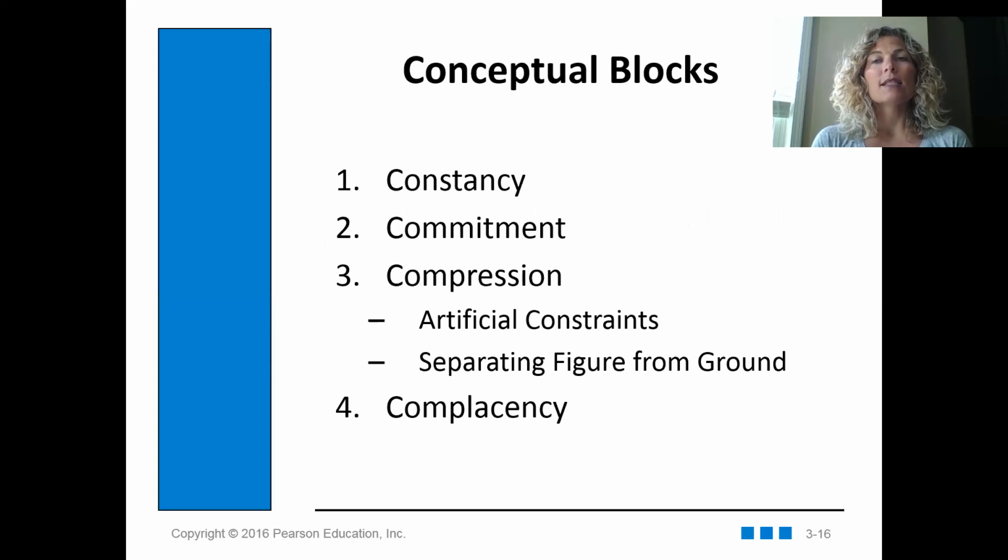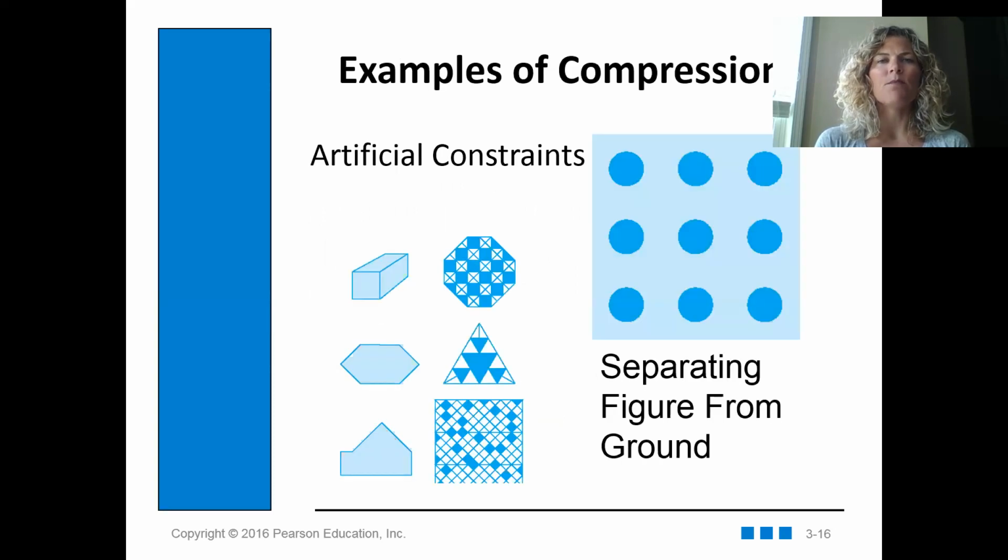The third conceptual block is compression, and there are two examples of this idea of compression. We have artificial constraints, and that's the 9-dot problem, and we'll look at some of these examples in class. What the 9-dot problem is trying to illustrate is, the directions are, without lifting up your pencil, draw 3 straight lines that connect all the dots, and it typically is seen as impossible.